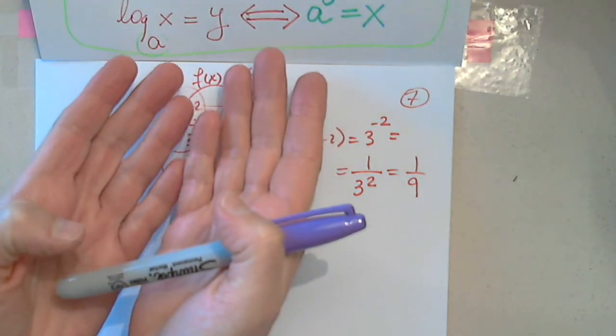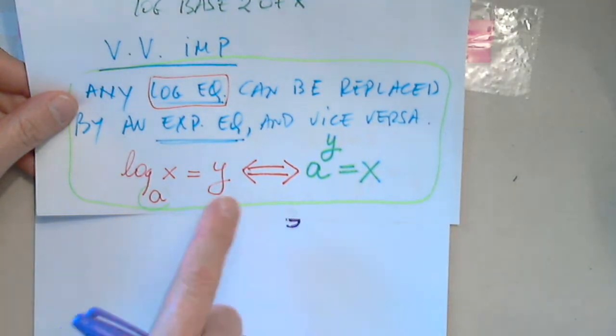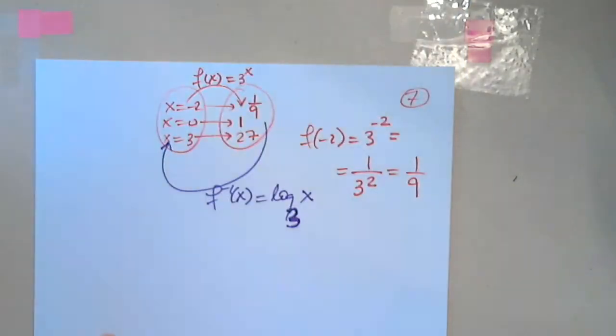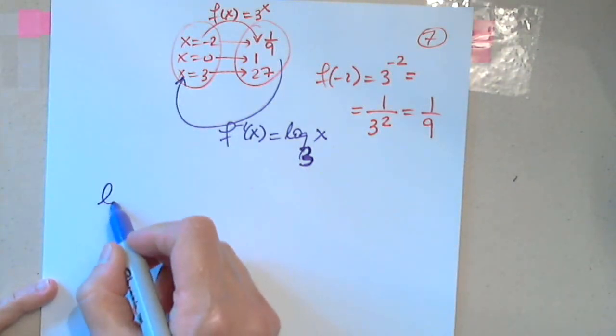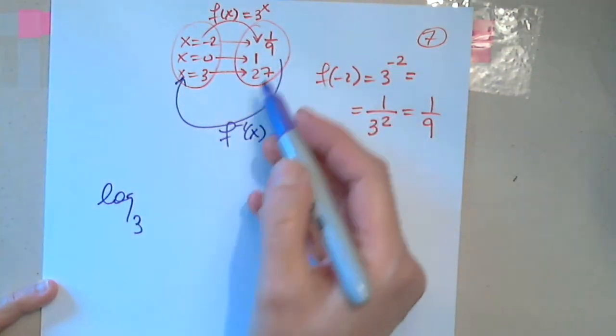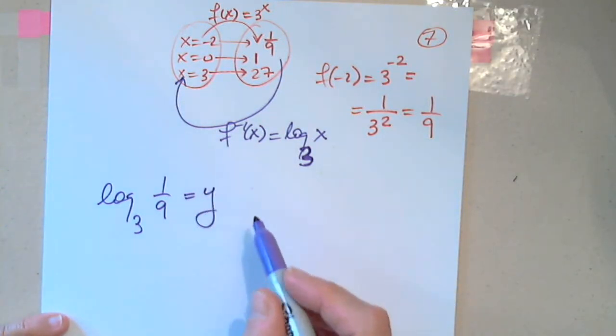Now I'm going to use that to show you. Okay, perfect. So let's apply log base 3 to 1 over 9. I have no idea what this is.